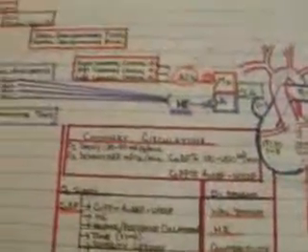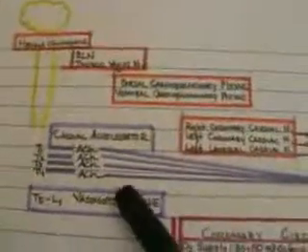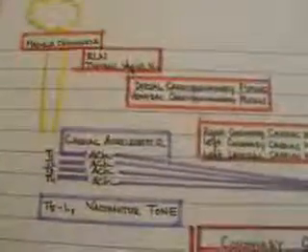And then lastly, we'll talk about the innervation, and how the parasympathetic tone and the sympathetic tone come from the central nervous system.